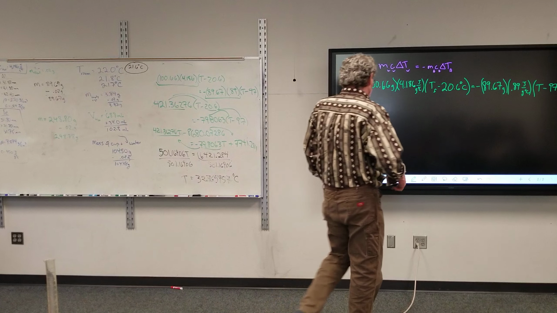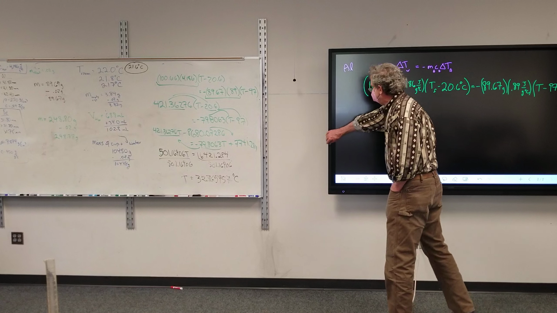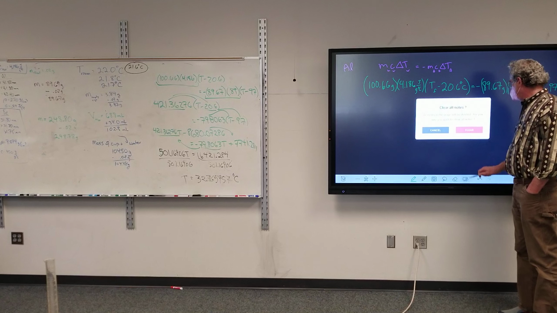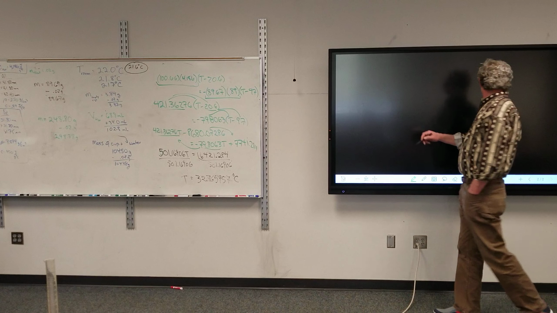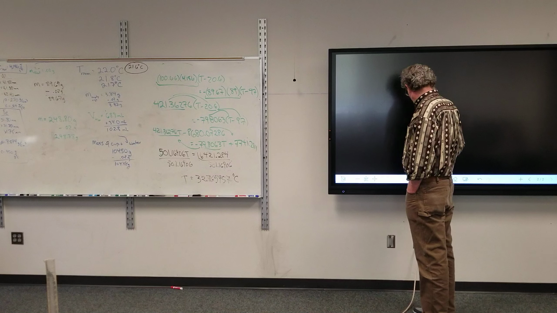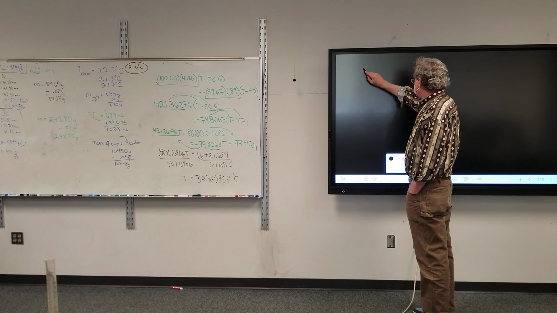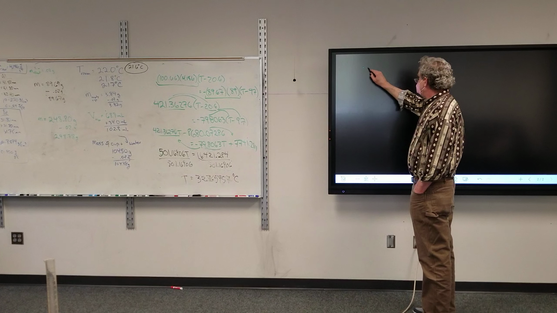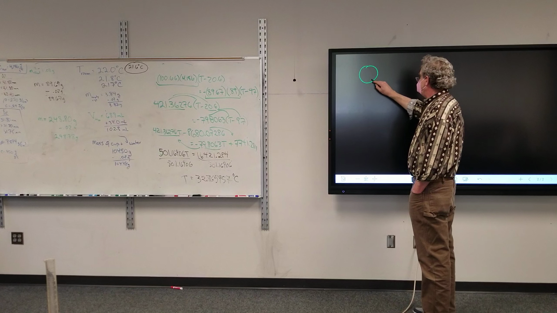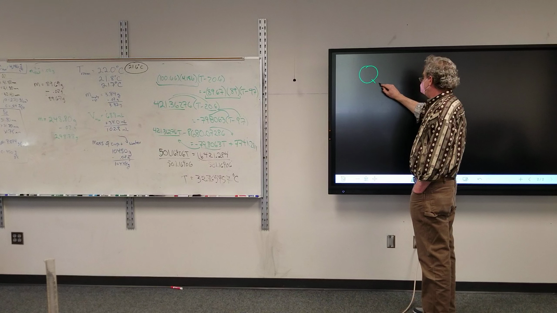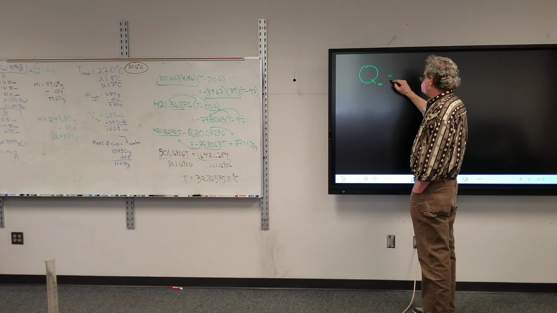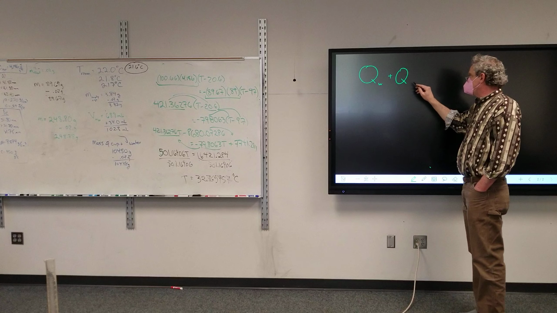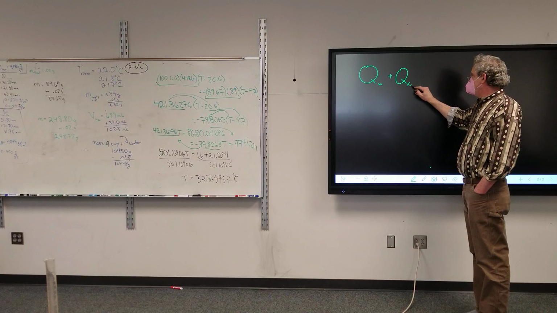So let's get the equation set up. Actually, I only wanted to erase part of that, but well. So I know that the energy lost by the water, or gained by the water, plus the energy gained or lost by the iron should equal 0.